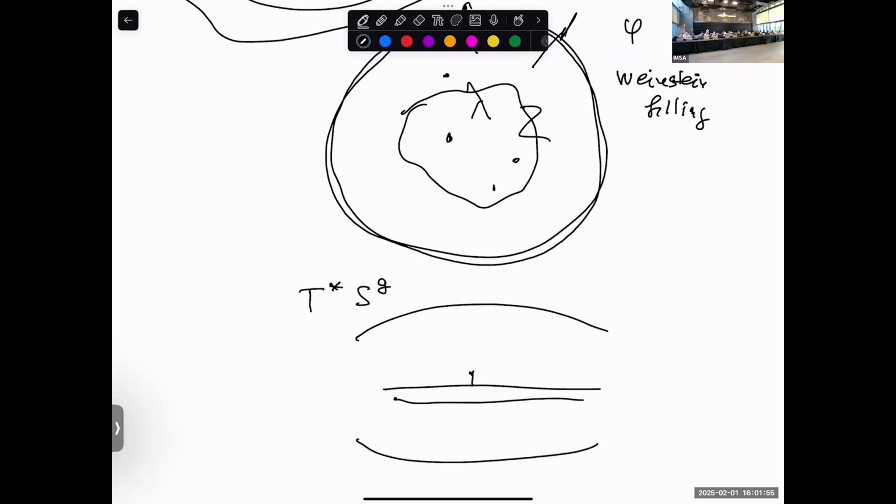Then you take the form p dq and add the pullback of the area form on the surface.